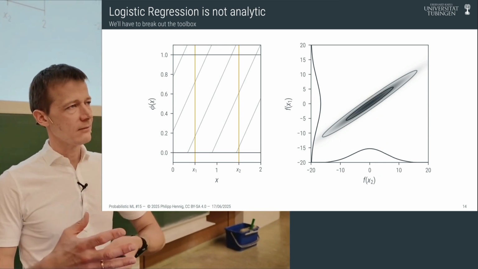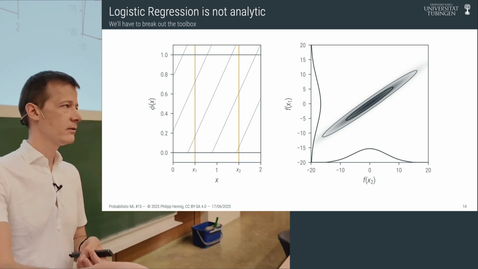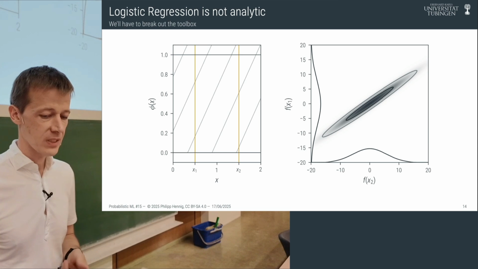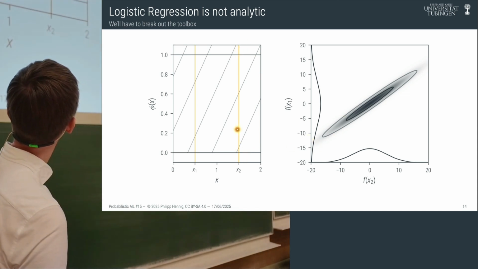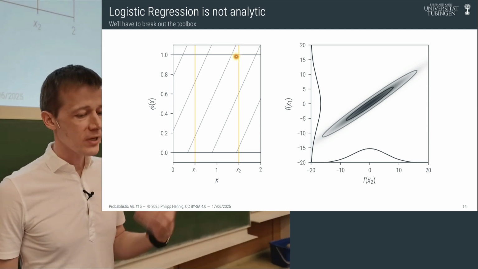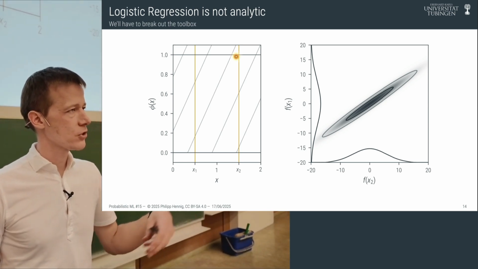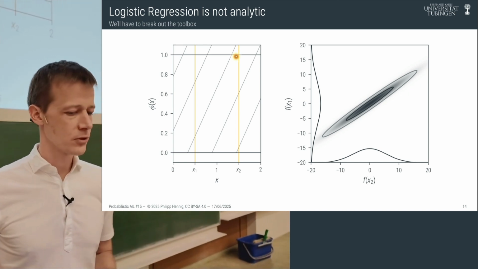Now imagine that I want to condition on having observed a single datum at x2. So I observe that this function value here is connected to a likelihood term associated with one positive observation. So my likelihood is this logistic function.